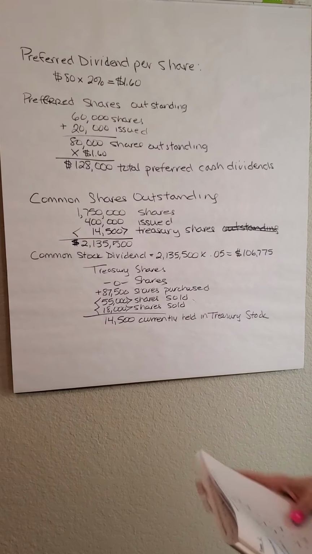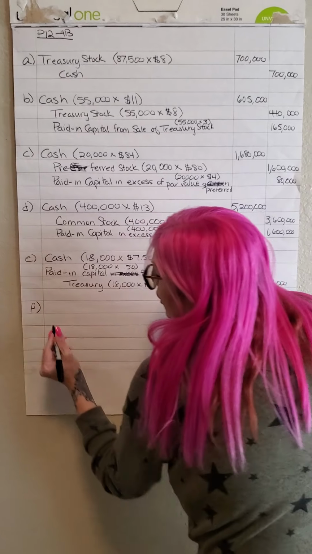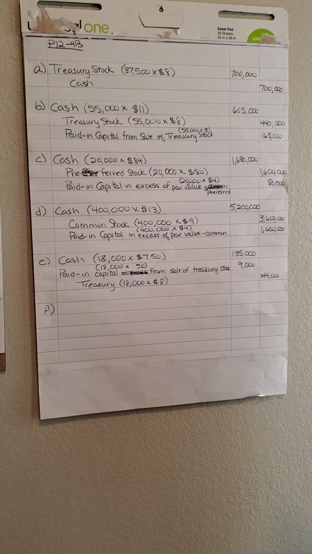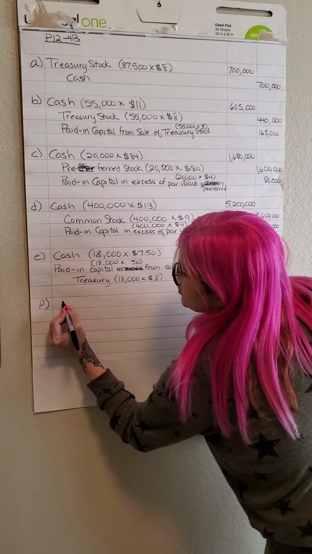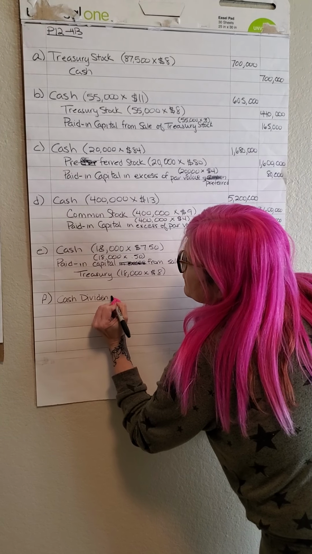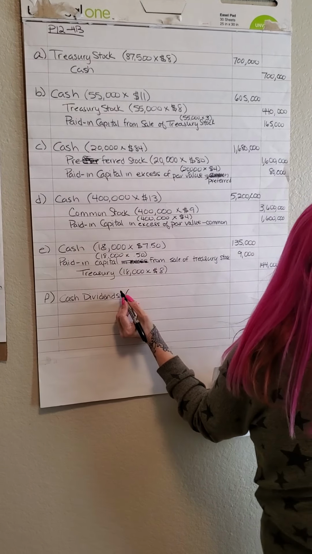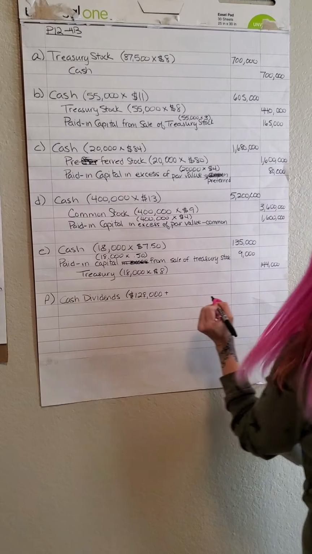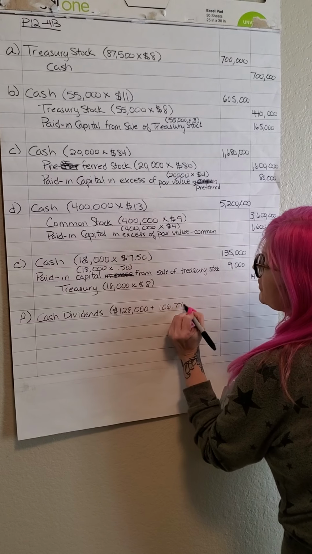So when I make my journal entry to recognize my total dividends for the common and the preferred shares, I'm going to enter that over here. I'm going to record, because this is the date of declaration, and that's the day that the liability is incurred, and we have to record the cash dividends. So I'm going to debit cash dividends for the total of the preferred shares of $128,000 plus my common dividend of $106,775.